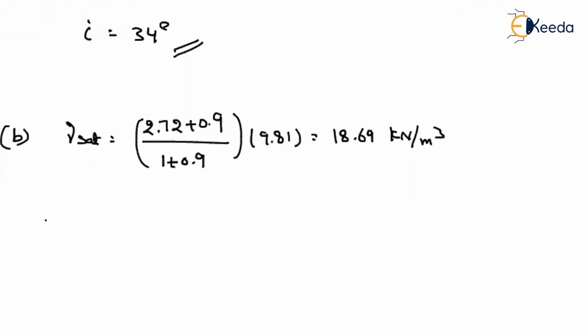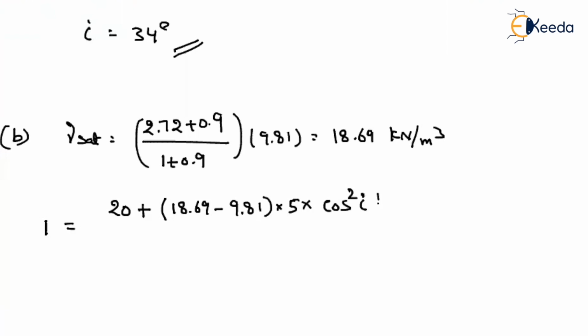Right now, factor of safety is equal to 1. That will be equal to C value, that is given as 20. So here which parameter do you have to use? Effective. Effective means 18.69 minus gamma W, 9.81, into what about the height? 5 meter into cos square i.